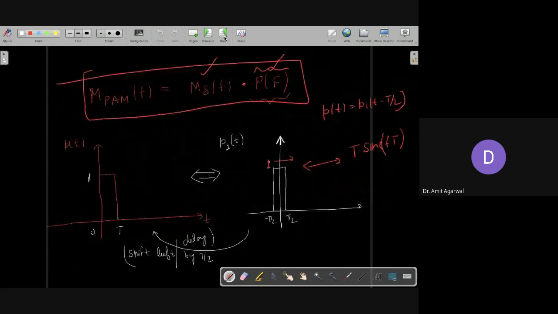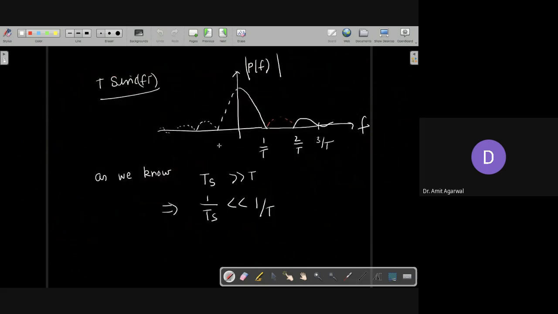If this is true, what do you think will follow? बताओ. So if your sampling interval Ts is 10 to the power minus 3, it will be in milliseconds. So as compared to 1 by Ts, your 1 by T will be very large. So this is the main thing. That you agree, right? Yes, sir.